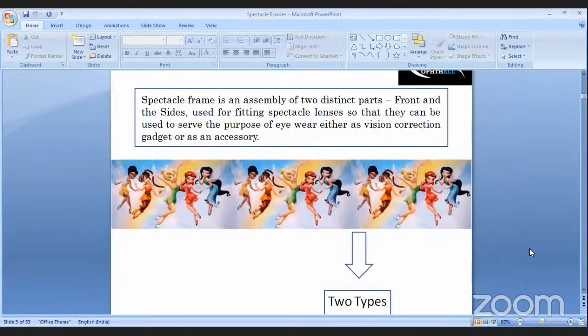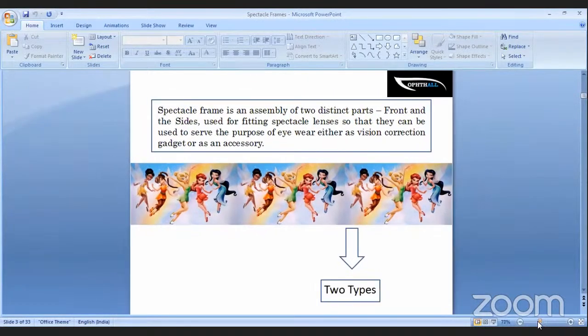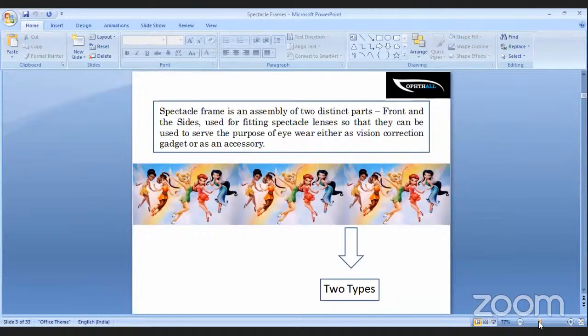If you reduce it still further, you will be able to see. Now it's at 87, reduce it to 73 or 76. Yes, sir. Now are you able to see, sir? Yeah, now I'm able to see it. Okay, is it on the slideshow? Yeah, it's on the slideshow only, sir. You can continue, sir. Okay.